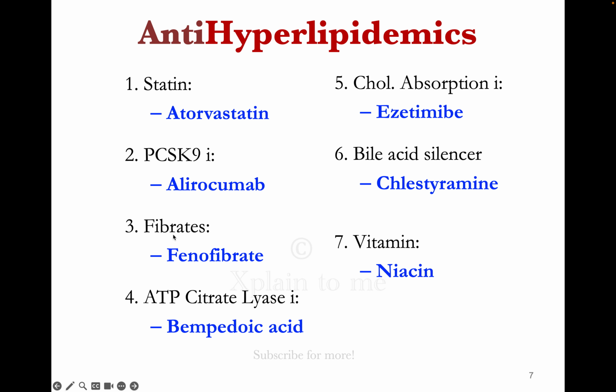Okay, then the third one. Remember the first section, the first 4 classes I was talking about, the target is hepatocytes, right? All those 4 drugs work inside the hepatocytes. So the fibrates class, easy, the drug name is fenofibrate. There is another drug called gemfibrozil. When you combine it with a statin, it is really more toxic and causes more myalgia and muscle pain.